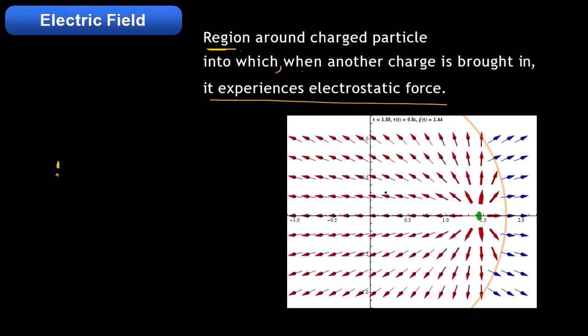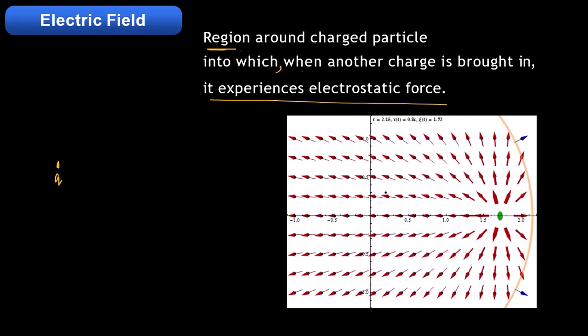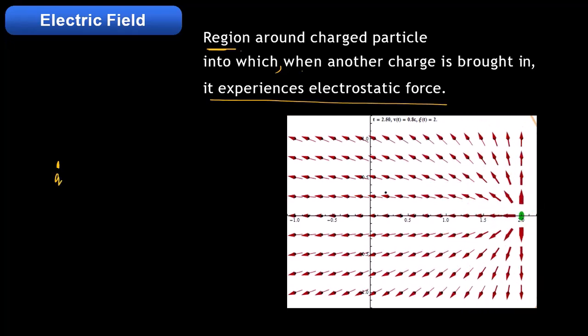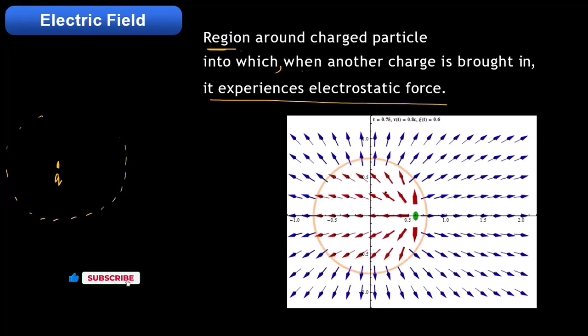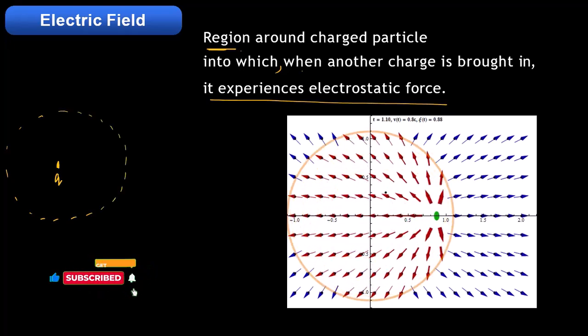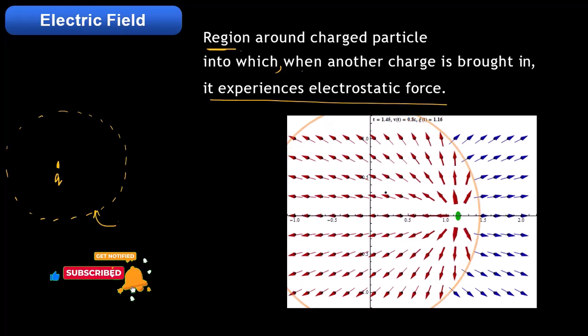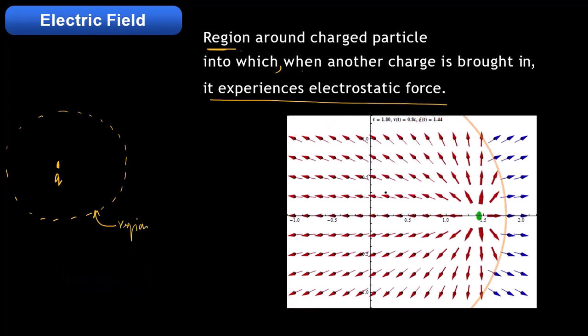Let us say a Q charge is placed. I know that if the charged particle is at rest, it will produce the electric field. Let us say I recognize a particular imaginary region, inside which it will create a field.